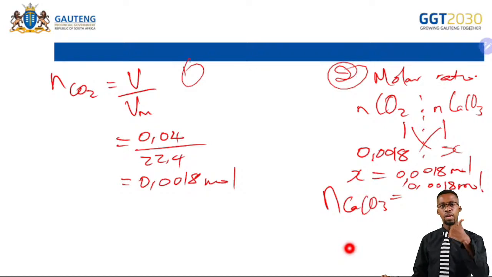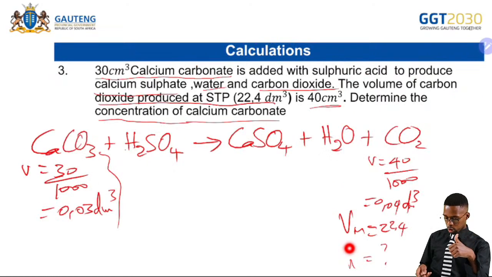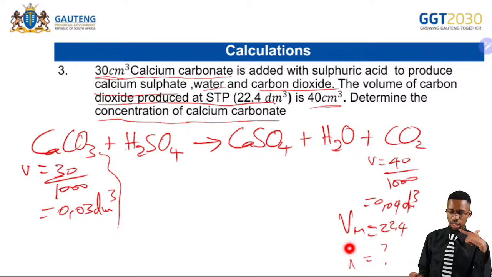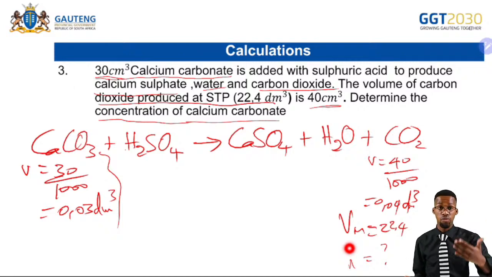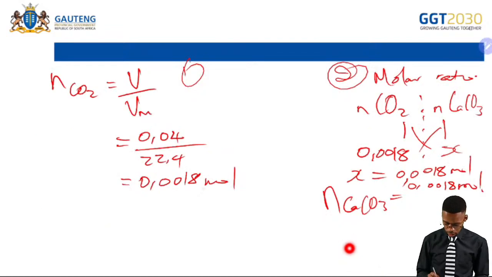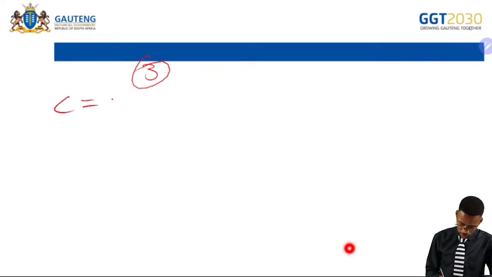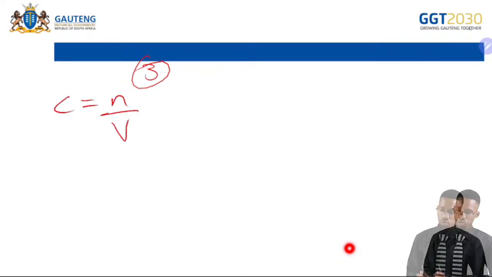Now we have the number of moles of calcium carbonate, and we also have the volume of calcium carbonate, which is 30 cm³. We've converted it to dm³. So our next step, which is step 3, we write the formula for concentration. Concentration is equal to number of moles divided by volume.